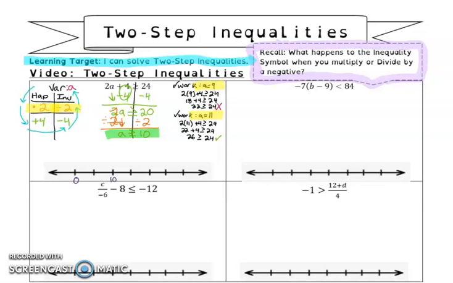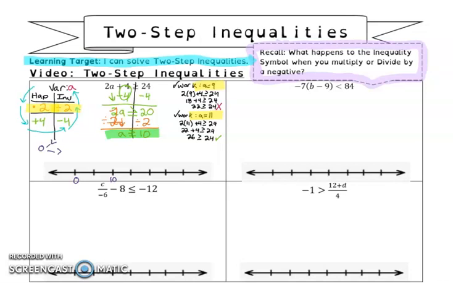And then we need to ask ourselves, is this an open dot or a closed dot? Well, remember, open dots are for strictly greater than and strictly less than. They're just greater than or less than.